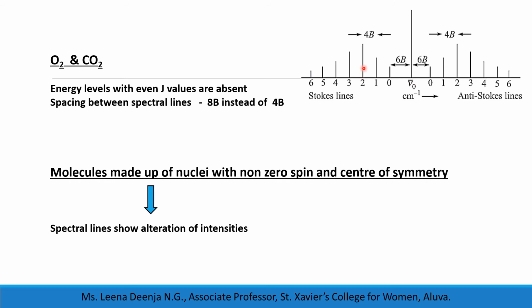And the next line, that is absent, so the next Raman line is for J equal to 3. So the distance between J equal to 1 and J equal to 3 is 8B. But in the normal case, it is equal to 4B. And molecules made up of nuclei with non-zero spin and a center of symmetry show alternation in intensities.